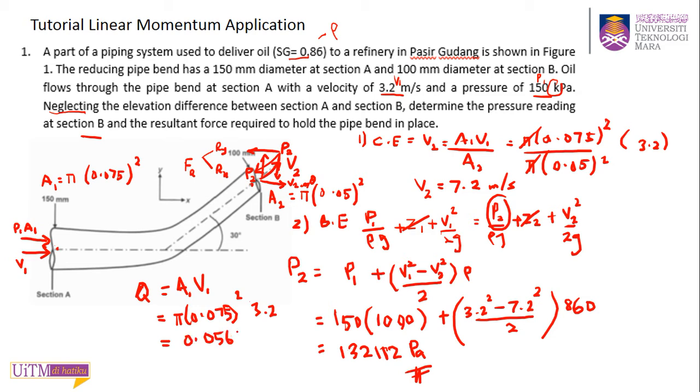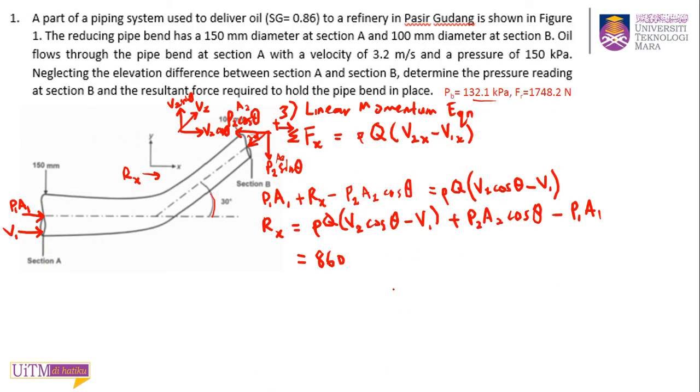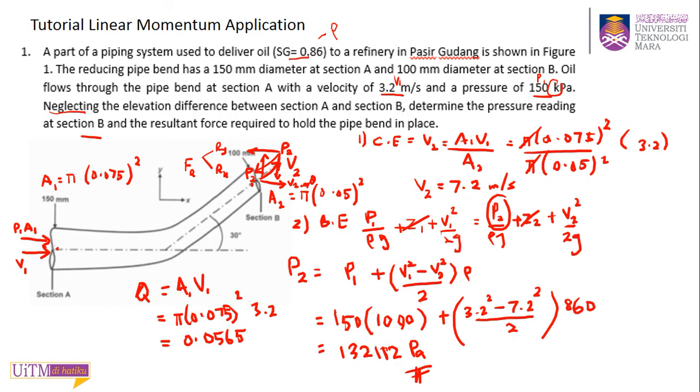0.0565. Okay, so this value will be used in our linear momentum equation kat sini. Okay, rho times Q, 0.0565, and times V2, apa V2? 7.2.